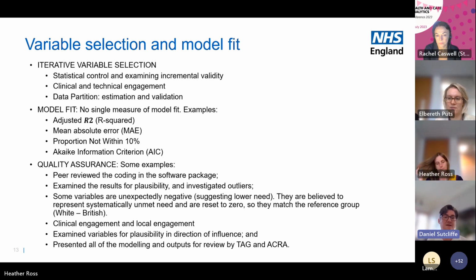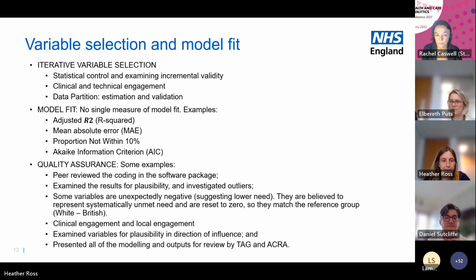What that means is that the effect of ethnicity is never to reduce allocations. It's either to keep it at the same level as the base category, which is white British, or to increase. And obviously that would be part of our clinical engagement and local engagement. All results from modelling and outputs are presented to our governance groups, which are TAG and ACRA.